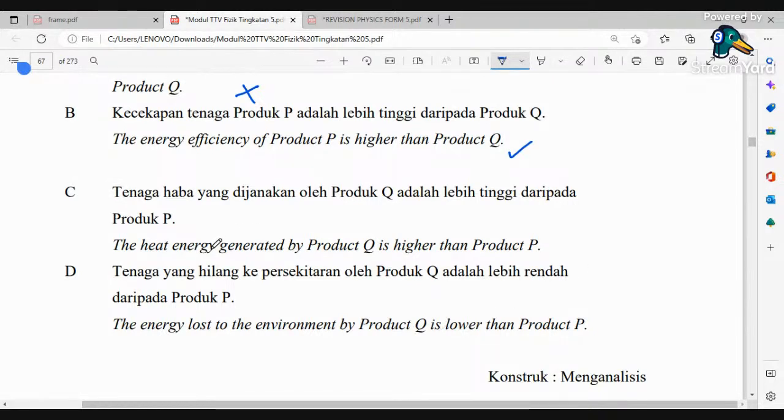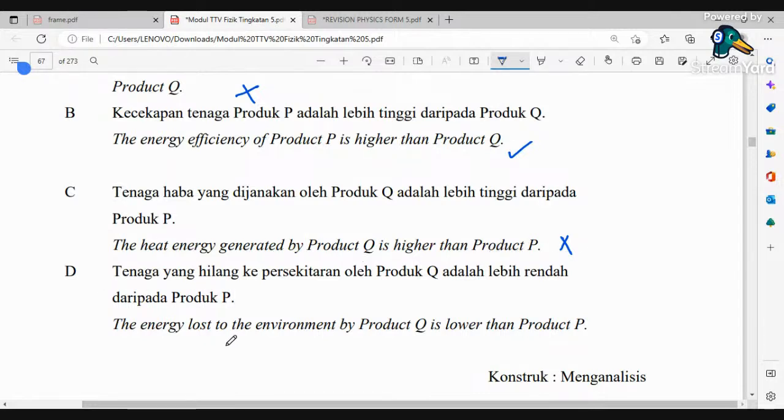Okay, C, heat energy generated by Q is higher than P. Okay, maksudnya energy loss banyak.